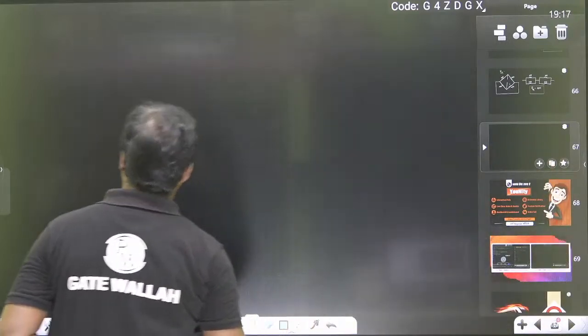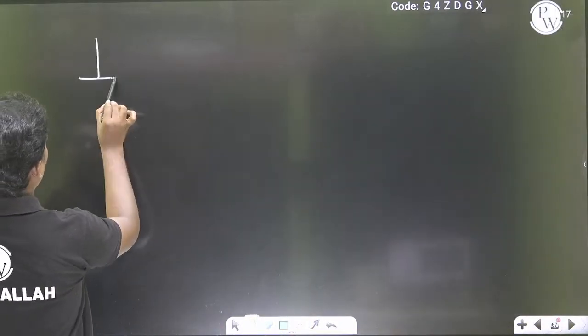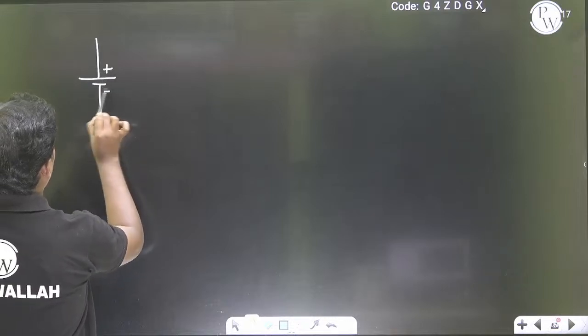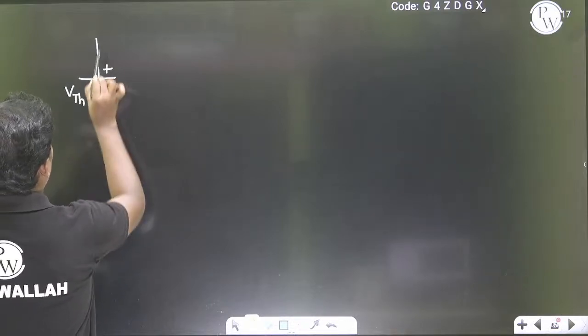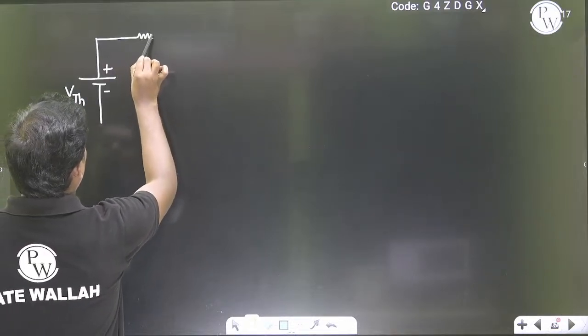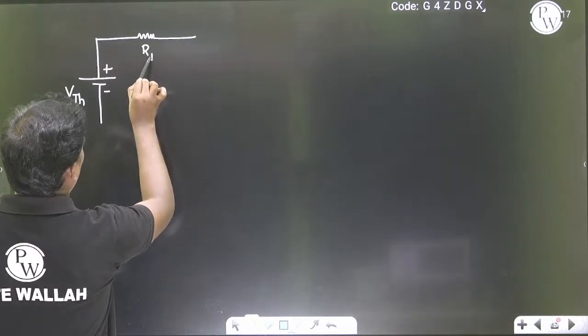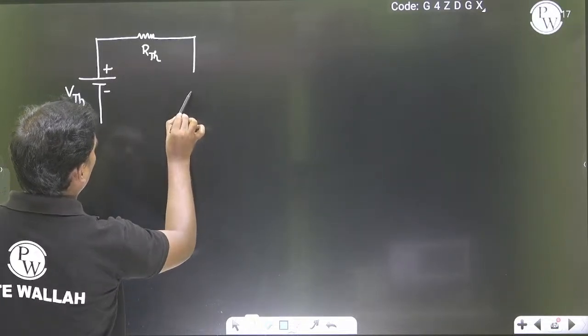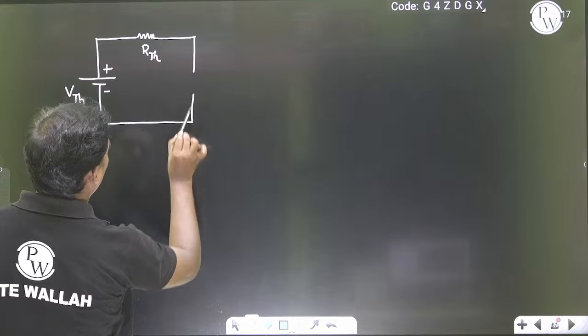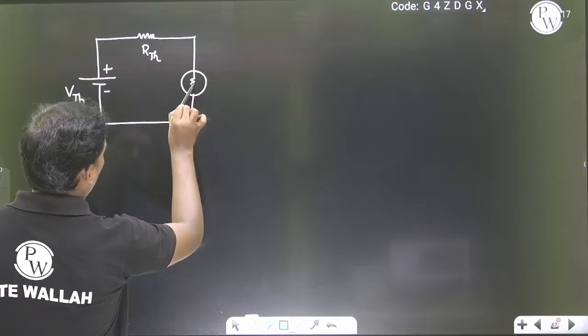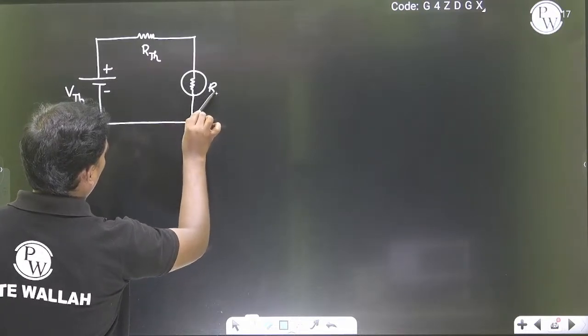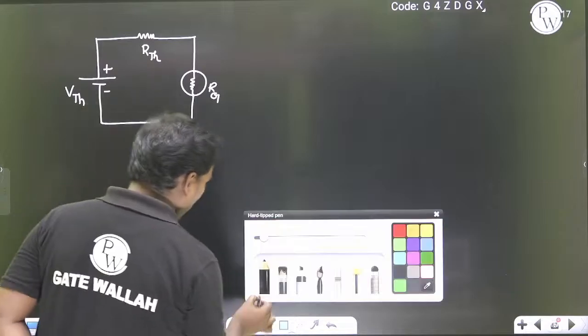How to calculate? If you see this as the V Thevenin's, this as the R Thevenin's, and this as the galvanometer resistance. So V Thevenin's is how much?